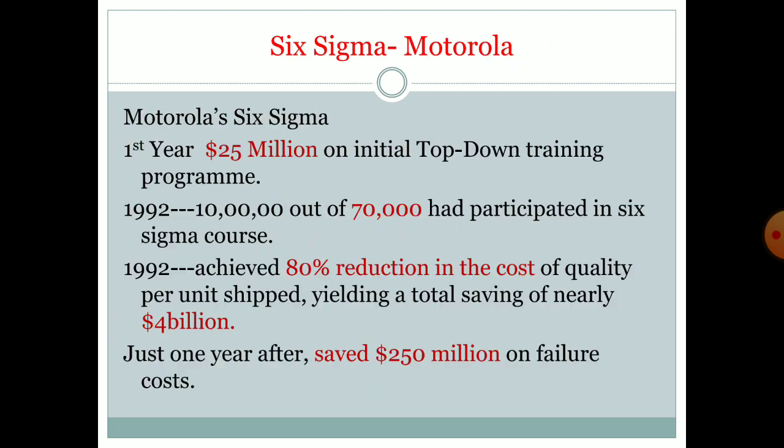By implementing this Six Sigma philosophy in 1992, the company was able to reduce defects by 80%. Wastage of material, rejection of material, and any rework are costs to the company, and if you reduce such costs, there is obviously a saving, about $4 billion, a very huge amount.